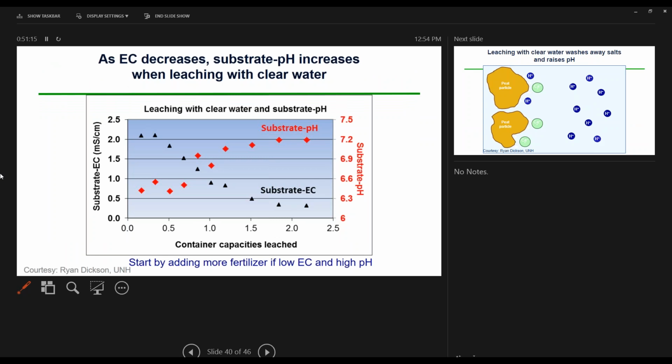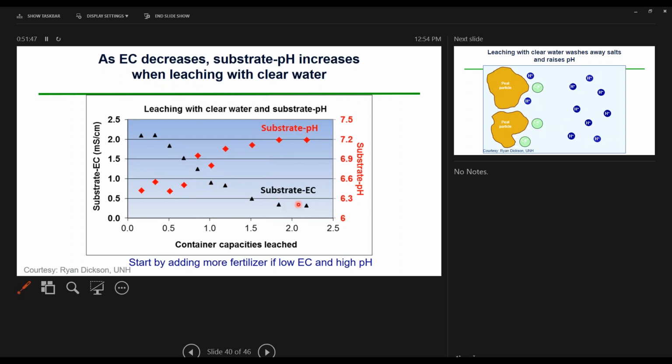Another thing that it's an interesting tool is just how we water our crops and how that has an impact on pH and electrical conductivity. So what we're looking at here is substrate electrical conductivity, and here it's substrate pH, right? So what this is telling us is that as we increase the amount of leaching, let's say we have too much salts, we're going to apply a lot of water, and this is increasing the leaching fraction.